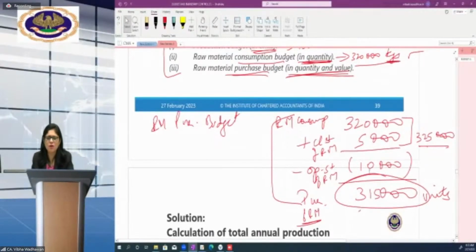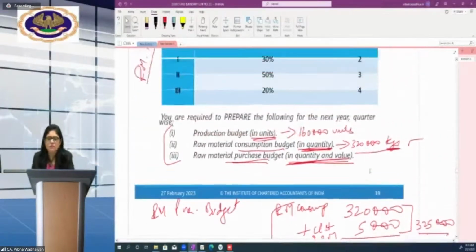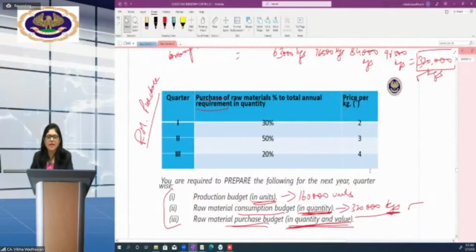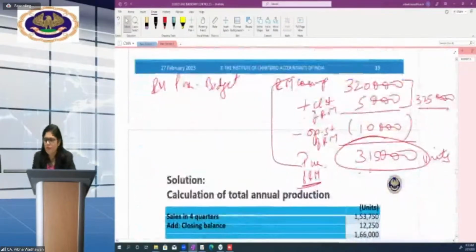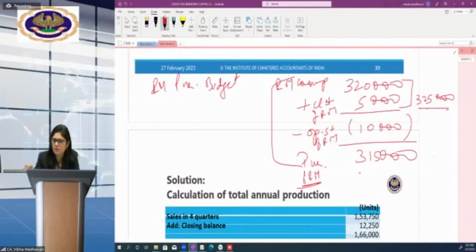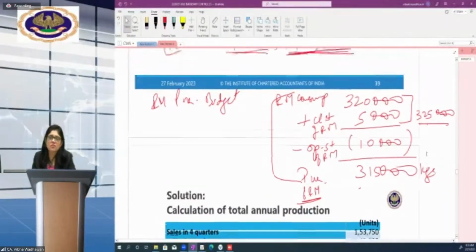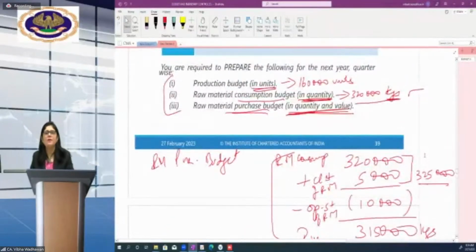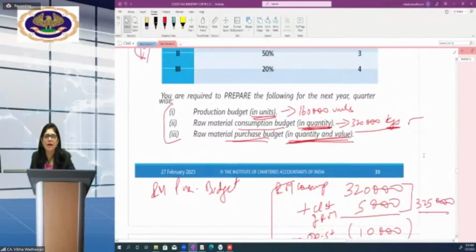Now this is the raw material budget in quantity. Now in value. They are saying 3,15,000 kgs of raw material, these are not units, kgs, is the requirement for the entire year.